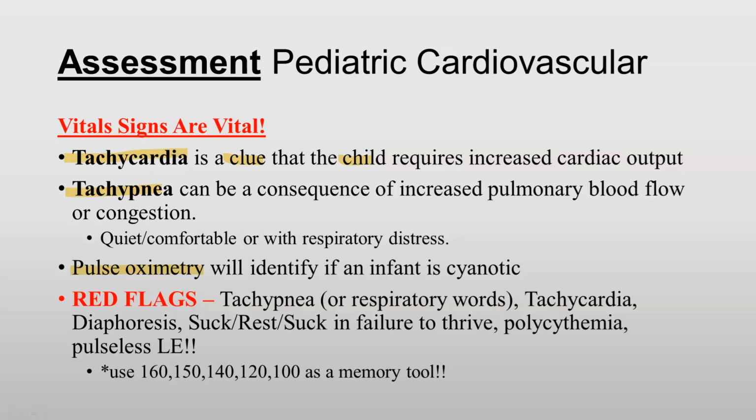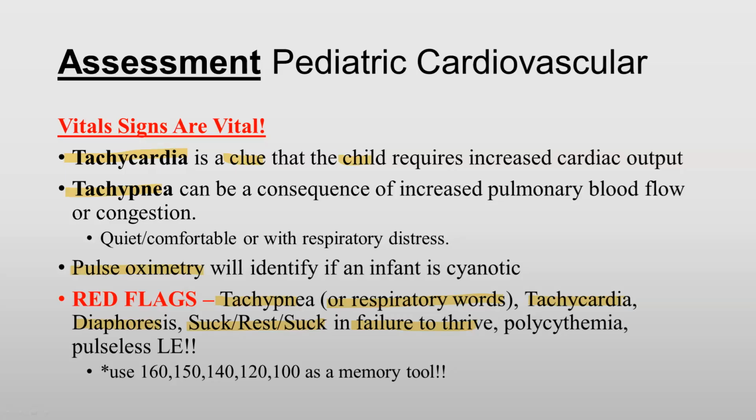They're probably going to be on some sort of continuous monitoring because these clients are at risk for dysrhythmias. And then look for those red flag words, tachypnea or your other respiratory/perfusion words, tachycardia, diaphoresis, issues with suck, rest, suck, and failure to thrive. So failure to thrive is always a huge piece of those practice questions.